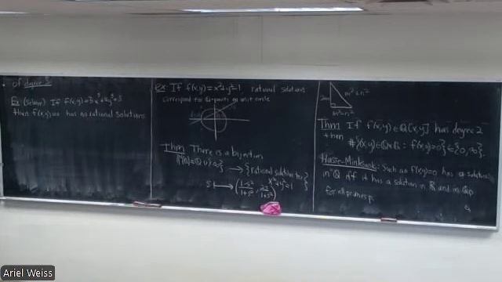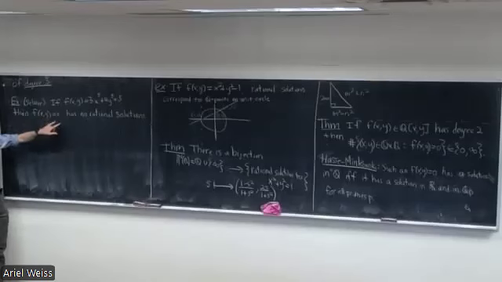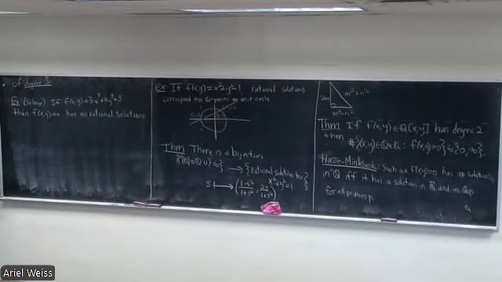And I should also remark that there are easier examples to show that there are cubics with no rational solution. Okay, another example.